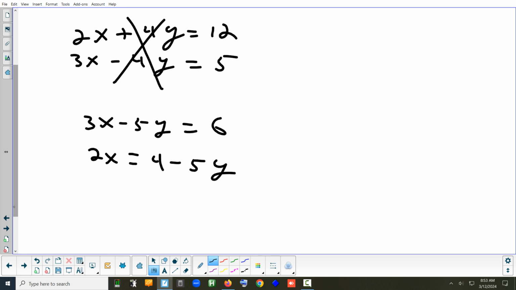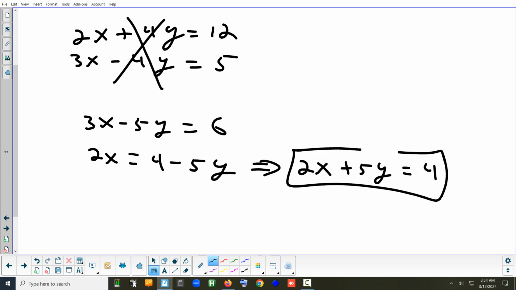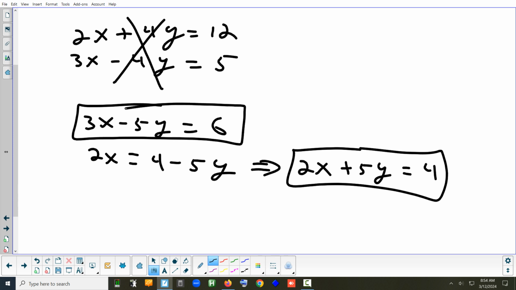You would add it. Yep. So if we fix this equation, it would become 2x, and we would add the 5y to the other side. And what would be left on the right side? 4. Yep, just the 4. Now, if you look at this one and this one, do those have same letter, same number, opposite signs? Yeah, once you fix it, they do.